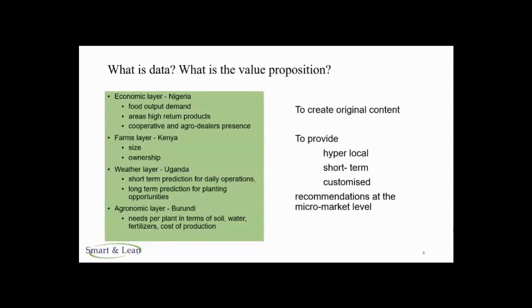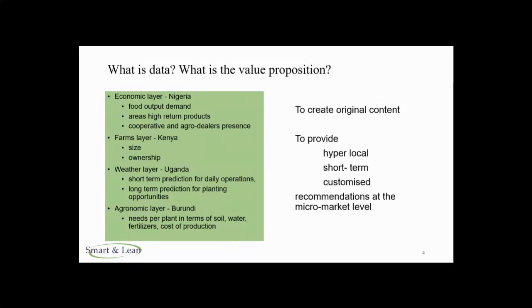Economic layer: what is the income, what is the yield, what is the money going around farming. We were trying to find that data from Nigeria. Farms layer, data from Kenya: what kind of farms they are, what their size is, how they are owned, where they are, how many there are. This is very ground-level, low-level data, actually, but critical.